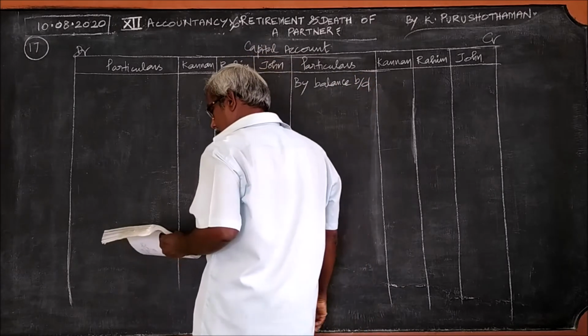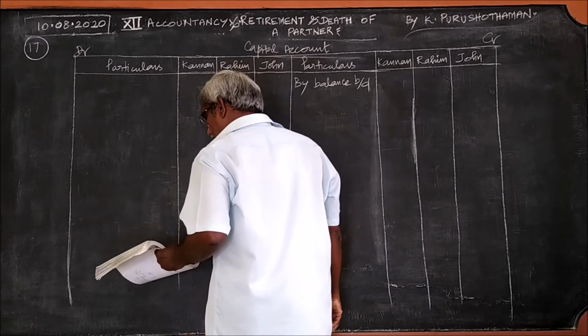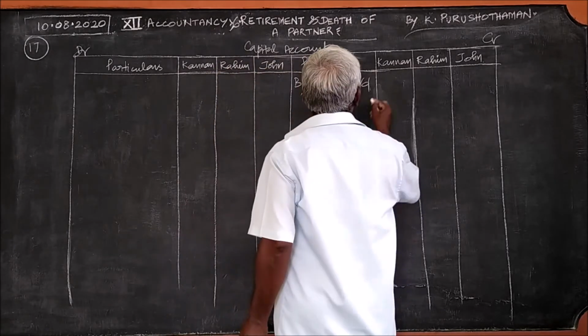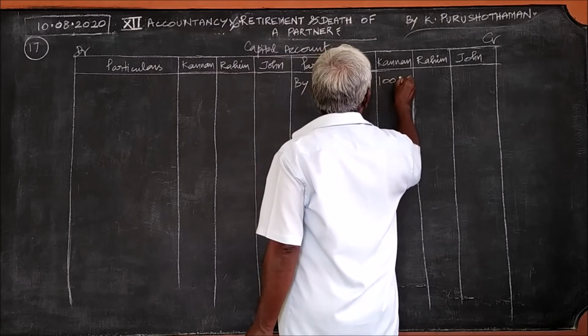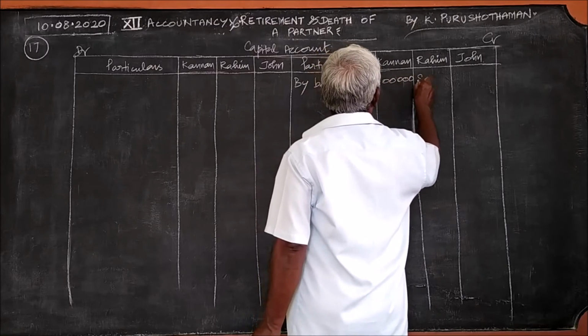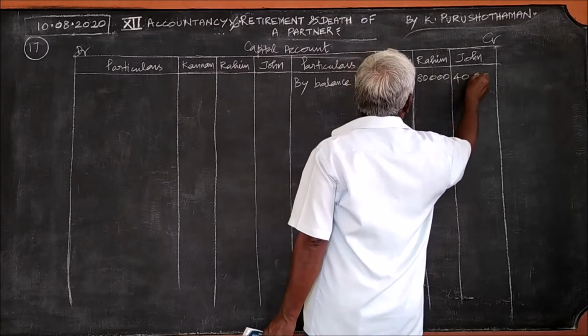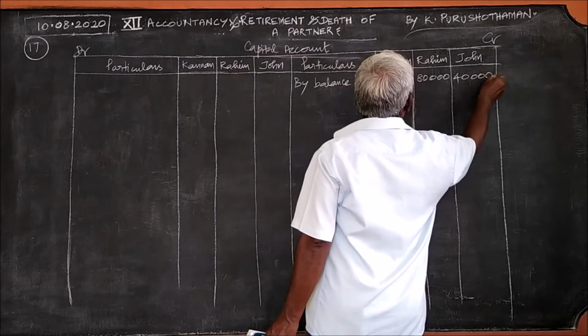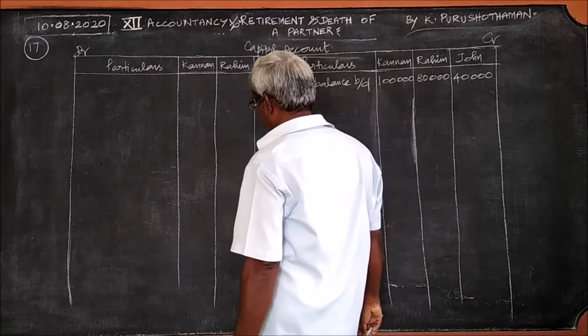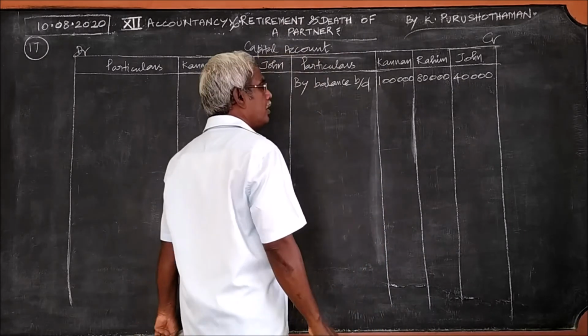What is the amount invested by the partners? 1,80,000, 40,000. Right.